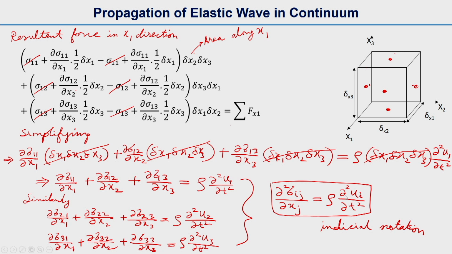But even if we don't use the indicial notation, we can work out this derivation. So if we can solve these three equations, it will give the equation of elastic wave. So we will be working on that, and for that, by the way, the stresses need to be replaced by strains. We will see how to do that.